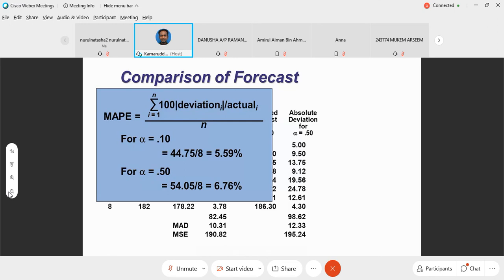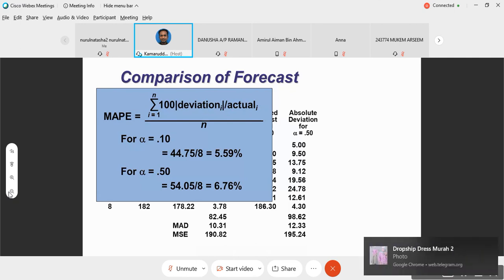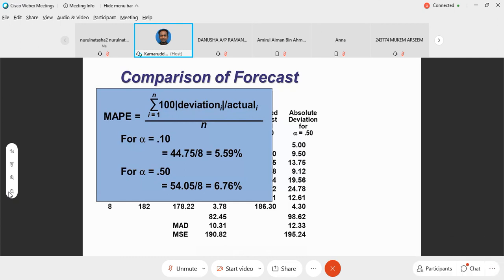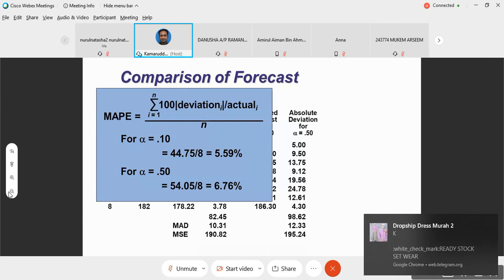Kita boleh ukur error ni pada membuat perbandingan antara teknik moving average dan exponential smoothing, antara weighted moving average dan exponential smoothing, ataupun kita nak compare dengan ketiga-tiga teknik yang ada. Boleh kita gunakan teknik pengukuran ralat pada forecast tersebut.